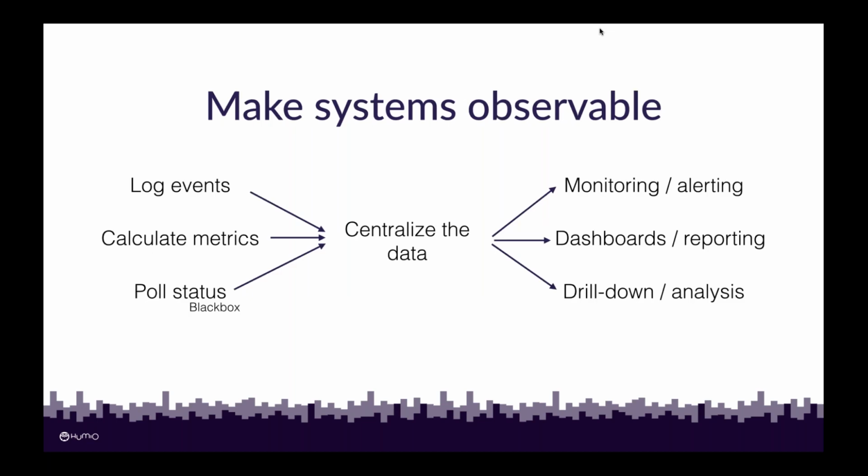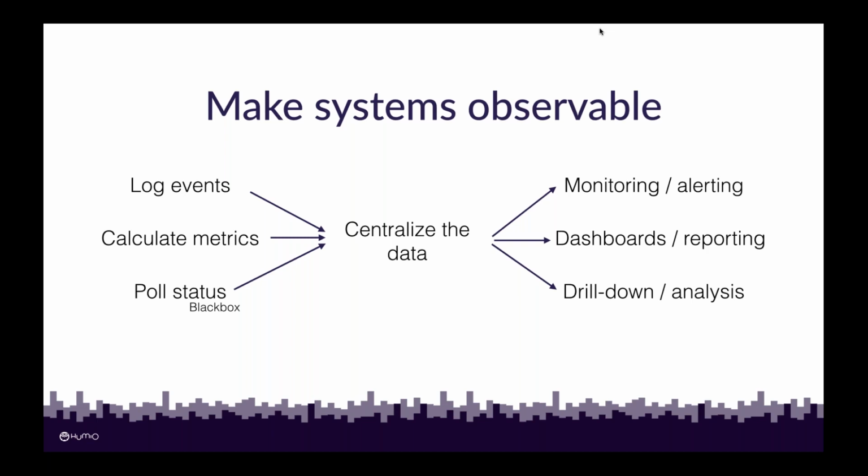So what are the general tools that we use to make systems observable? So first, starting from the left, we log events. Almost all software systems have some sort of event log, and this is the basic layer of how to get insights into what a system is doing.